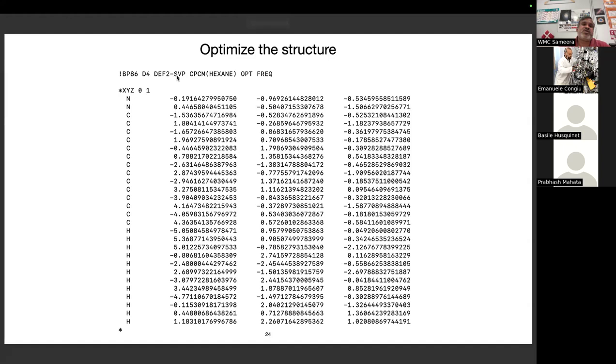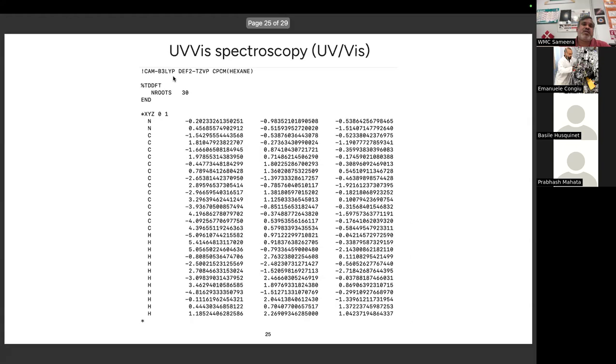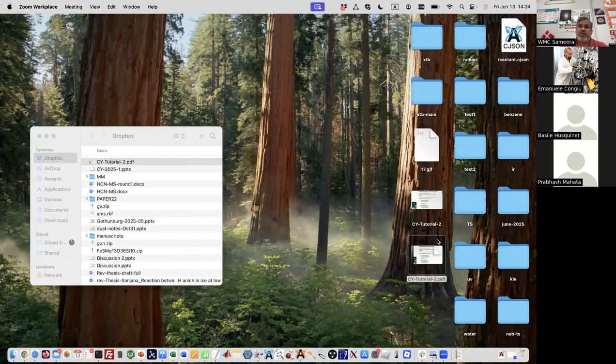For the optimization we use a single zeta valence polarization basis set. Here we are using a triple zeta valence polarization basis set. This is a better basis set because we want accurate methods to compute excitations. Here we calculate 30 excitations. I ran this calculation last night, and I can share the input file with you. It's also available in the tutorial anyway.